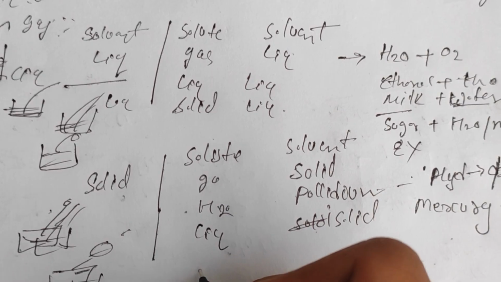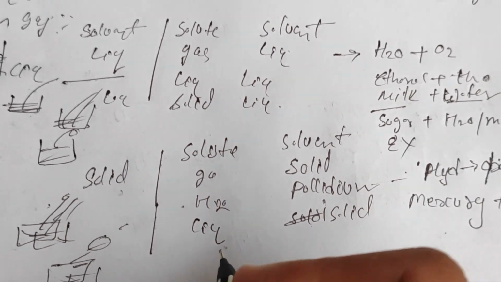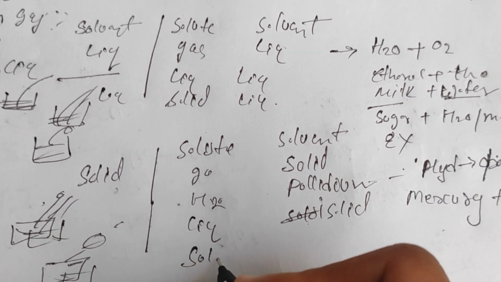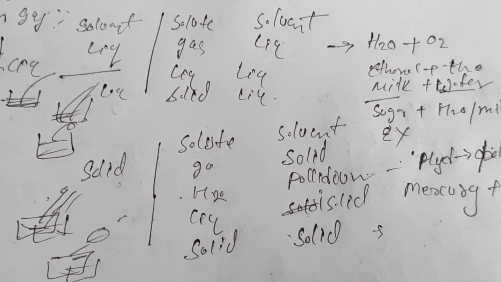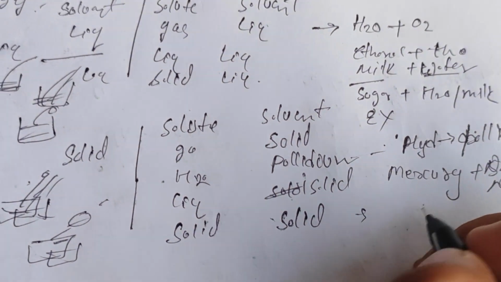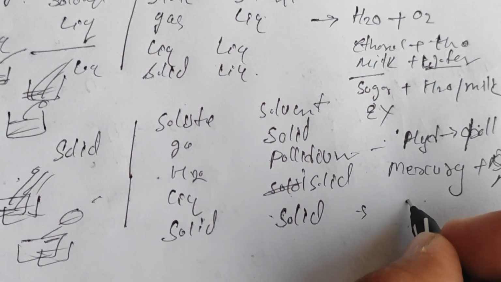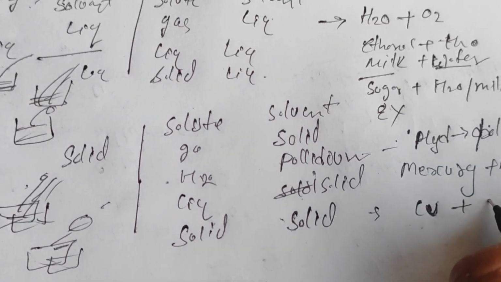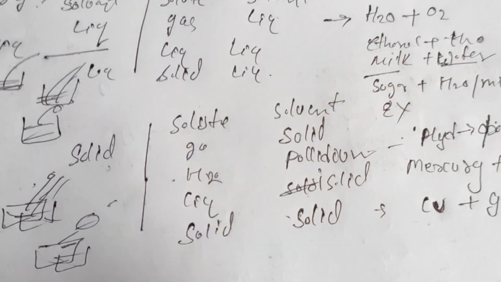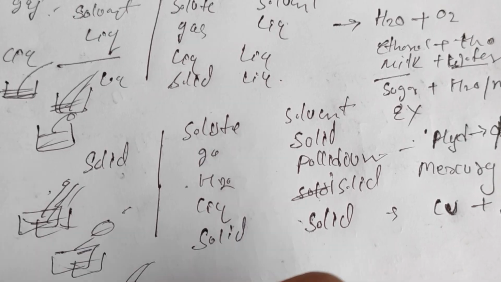Last is solute as solid and the solvent again solid. In this case the well known example is copper as solute and gold as solvent. We know that gold absorbs the copper.